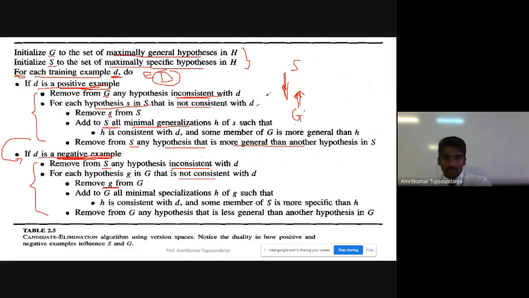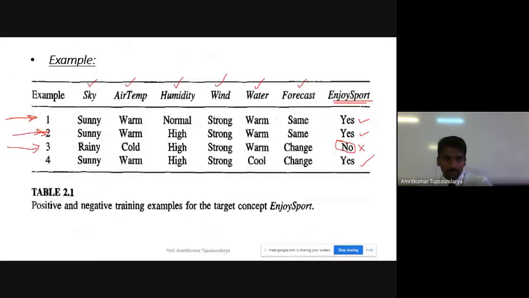So in this case, we are going to remove some small g, that is an individual general hypothesis from capital G, and go on and define a less general and a more specific hypothesis. Let us take it up with an example.